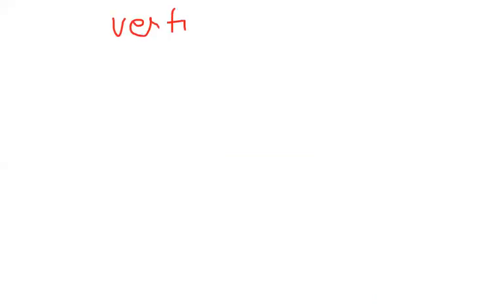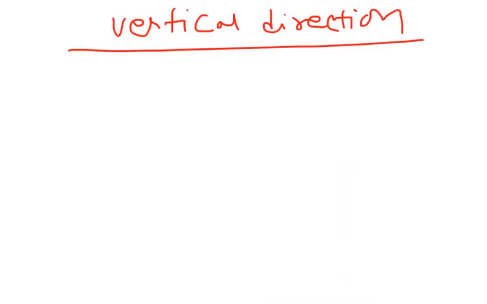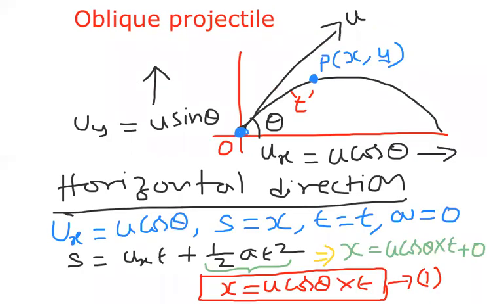In the vertical direction, observe carefully, beta, what is the initial vertical velocity? From the diagram we know that uy equal to u sin theta. Observe the diagram: the initial vertical velocity uy is u sin theta.